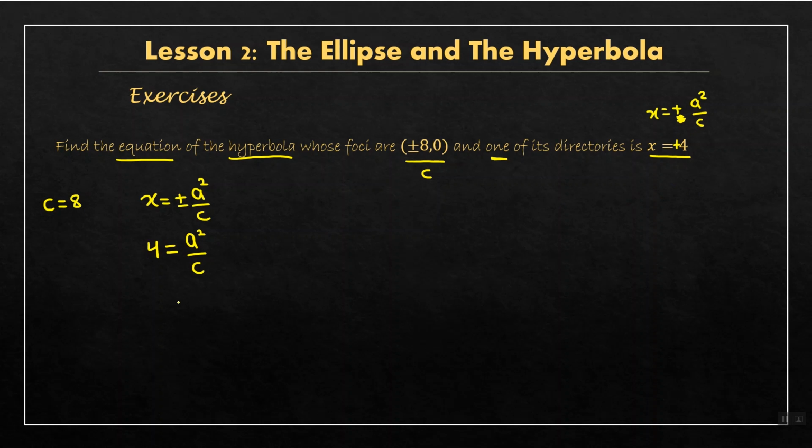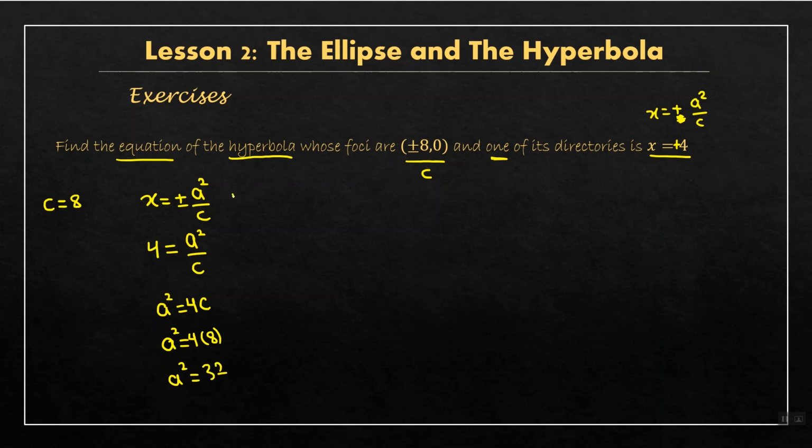Cross multiply here, so a squared equals 4c, and c is 8, so a squared equals 4 times 8, and a squared is equal to 32.